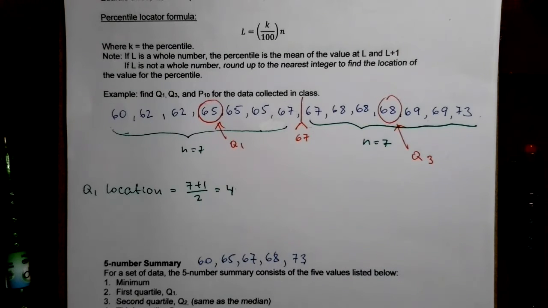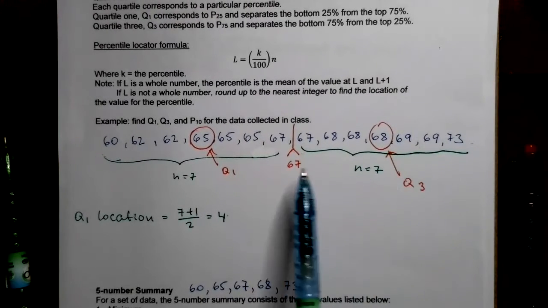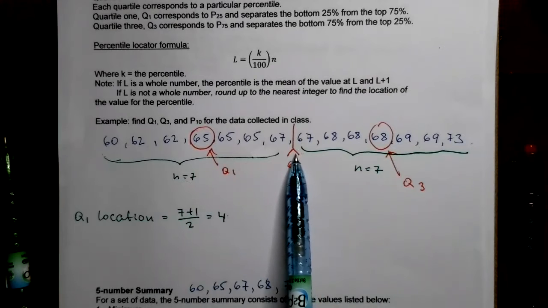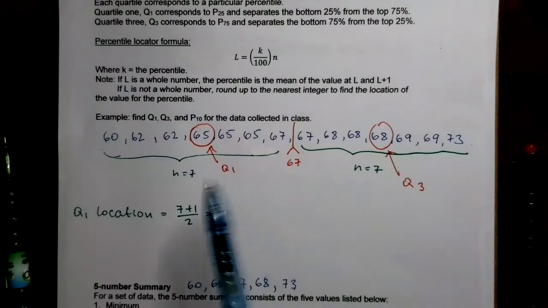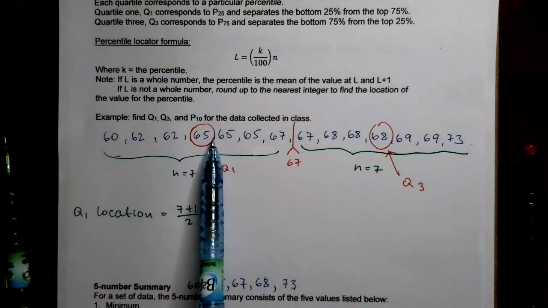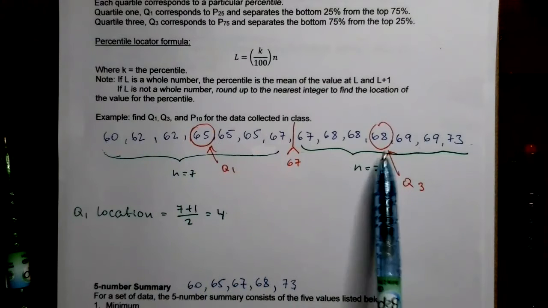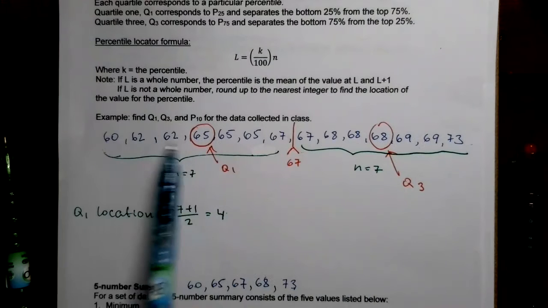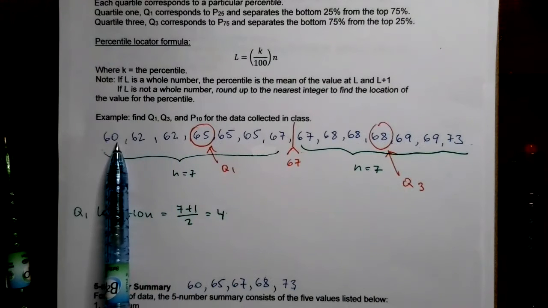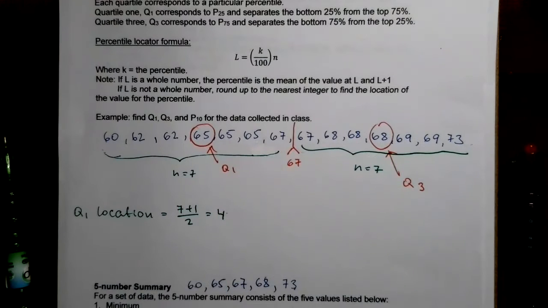I want to repeat once more that the median divides the data set into 2 equal parts, 50% below, 50% above. Quartile 1 divides the lower half, and quartile 3 divides the upper half. Below quartile 1, we can find 25% of values, and 75% above it.